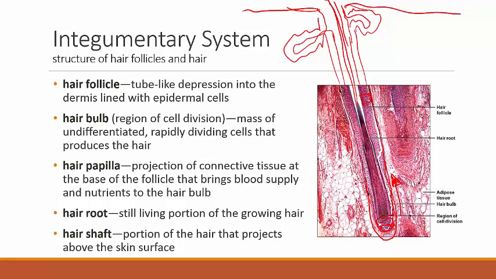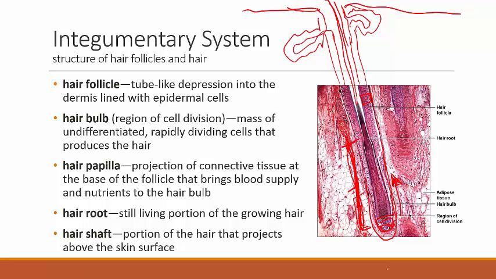This area here, probably up to about halfway to the skin surface, is considered the hair root. That's the still growing portion of the hair. The hair root is the living portion.